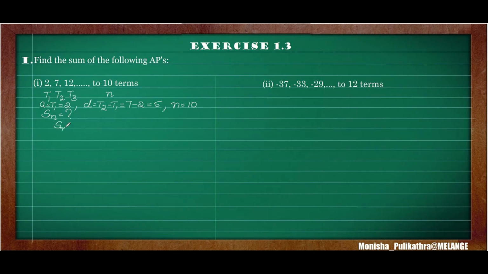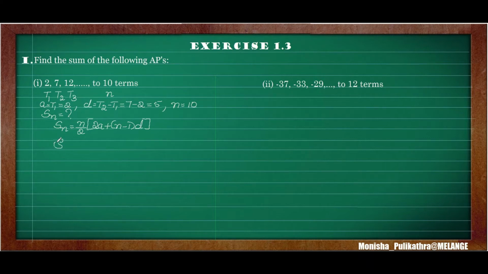The SN formula is SN is equal to N by 2 into 2A plus N minus 1 into D. Now we need to substitute the value of each and every variable here.